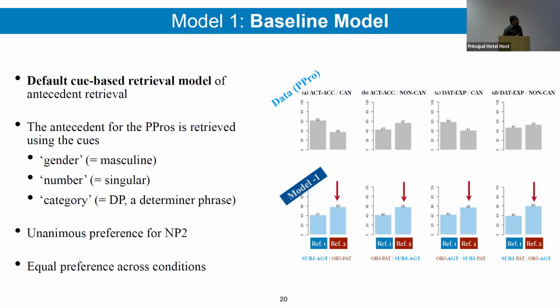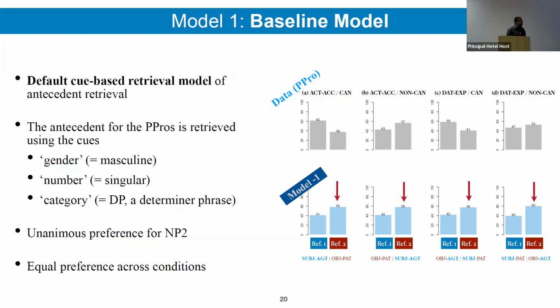All right, so these are the predictions for the baseline model, which retrieves the antecedent based on cues such as gender, number, and category. The predictions of the model are really not very exciting. It does not capture any of the effects. Basically, it predicts that referent 2 is the preferred one across all 4 conditions.